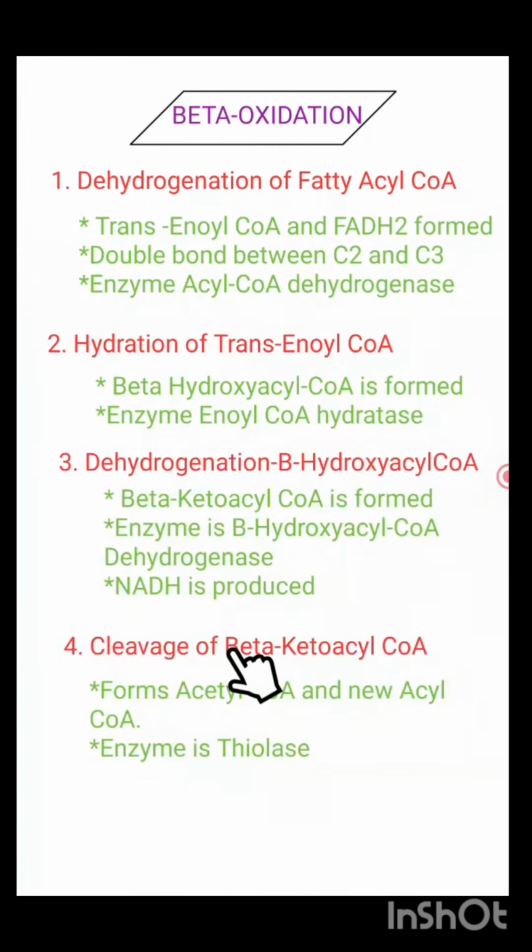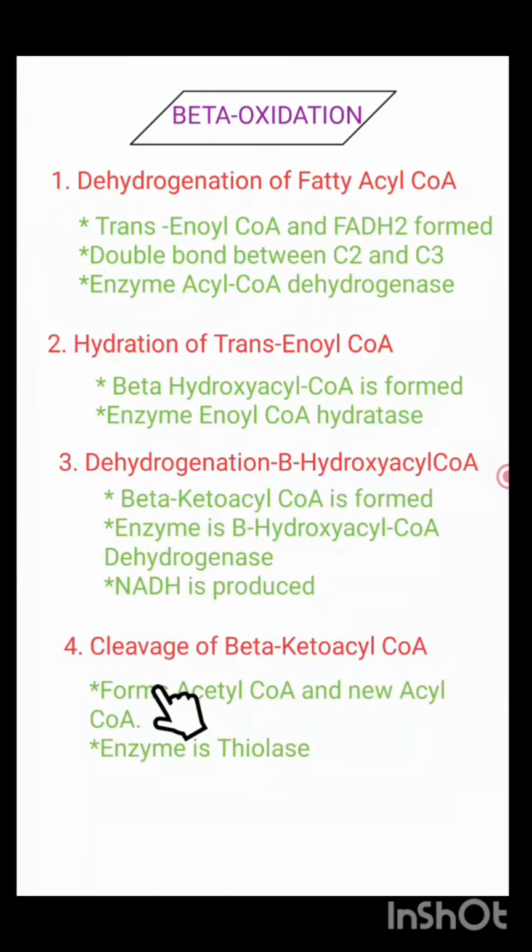And finally, in step 4, we're going to have cleavage of the beta-ketoacyl-CoA, which is actually produced in step 3. So this cleavage leads to the formation of acetyl-CoA and a new acyl-CoA. Now, this new acyl-CoA is 2 carbon atoms less than the one that we started with. So in this instance, we are using palmitate as an example, which is a 16-carbon fatty acid.